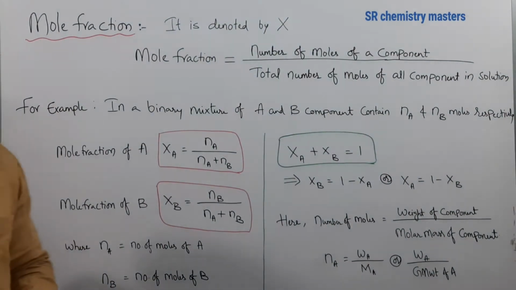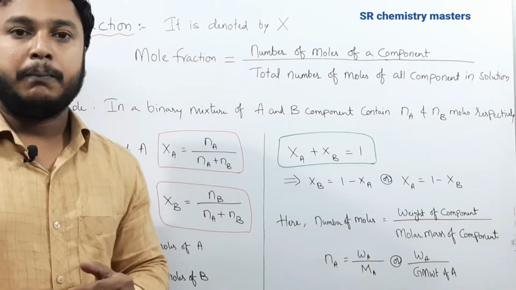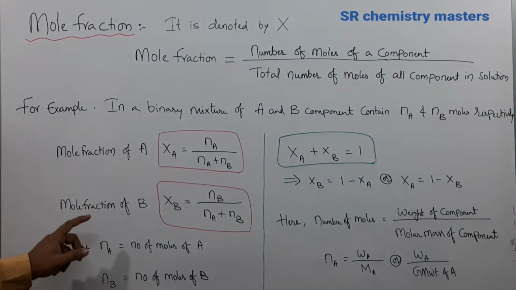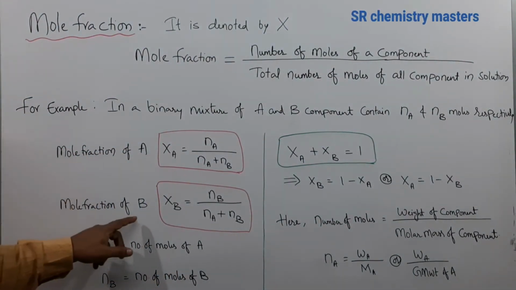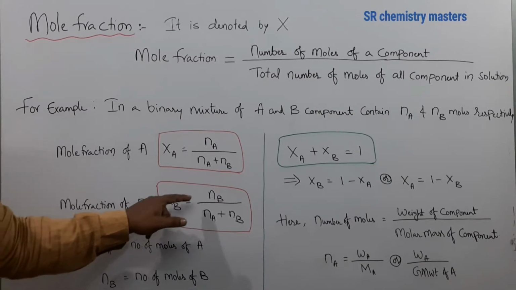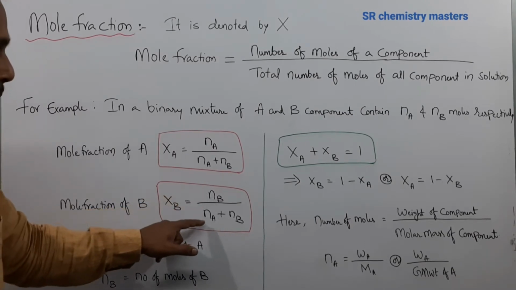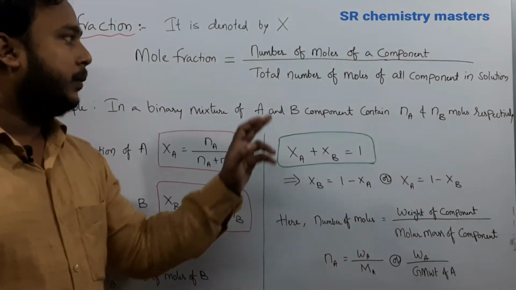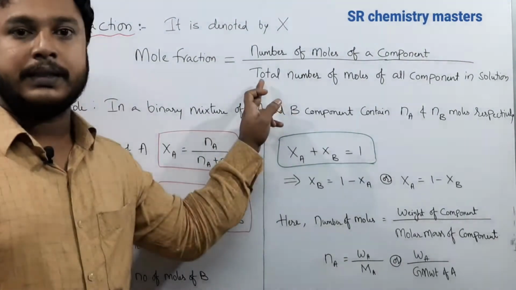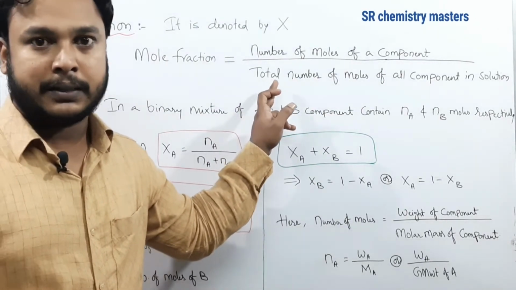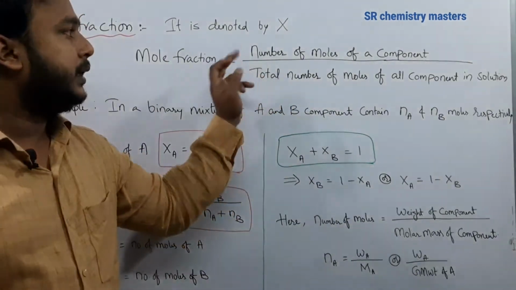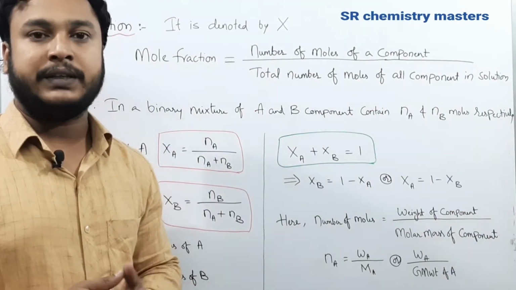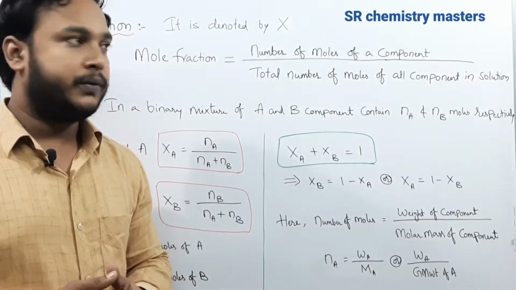Or else, if we are interested in calculating the mole fraction of the B component, then the mole fraction of B, that is Xb, is equal to N of B by N of A plus N of B. As you know, in the denominator we take the sum of the number of moles of all the components, and in the numerator we take the number of moles of that component for which we are calculating the mole fraction.